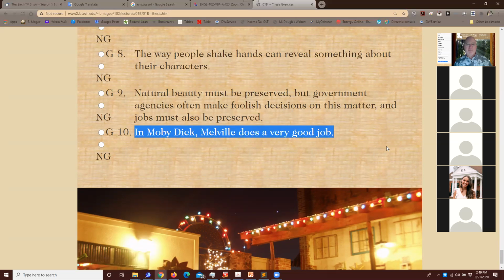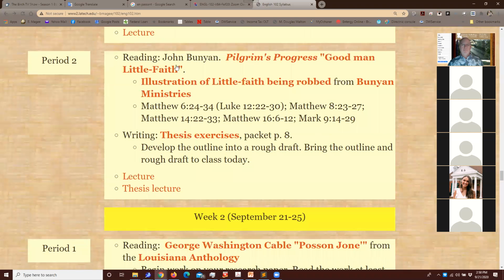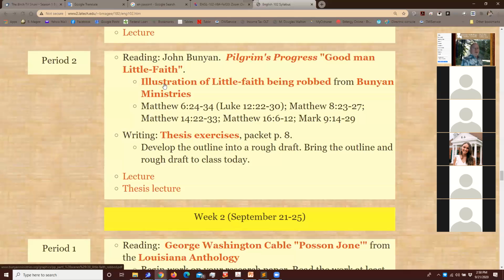So you're not going to be able to, and even for Young Goodman Brown, I would not encourage this. There's too much going on. So you have to focus more narrowly. All right, so does everybody feel like you got a little more handle on thesis statements? Yes. All right, so back to Young Goodman Brown, and from him to John Bunyan.